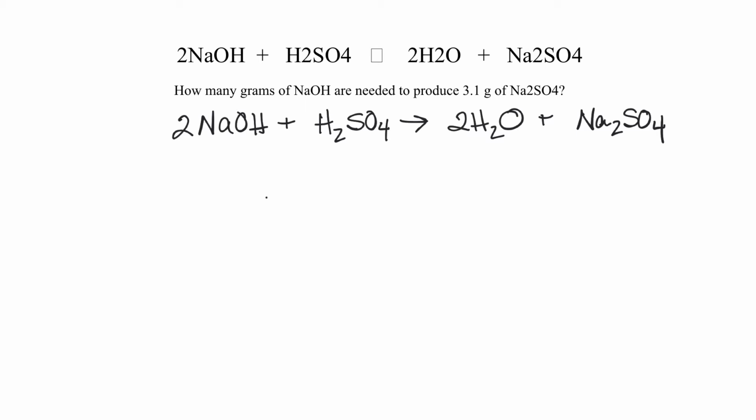We're going to write 3.1 grams of sodium sulfate over 1. I always tell my students, always start with what you're given and use dimensional analysis, because then you can make sure that all of your units cancel. You just need to figure out what conversion factors you're going to use to get to where you want to go.